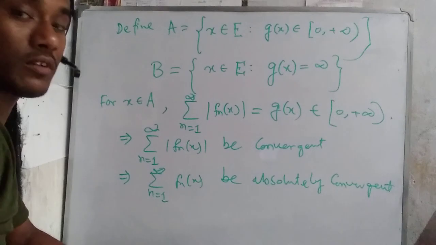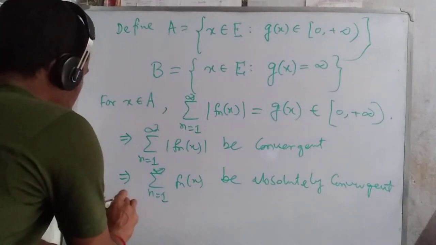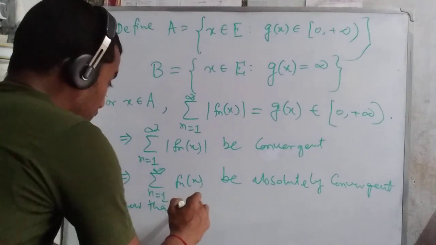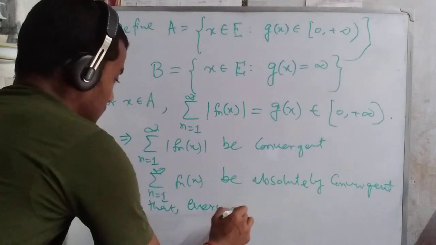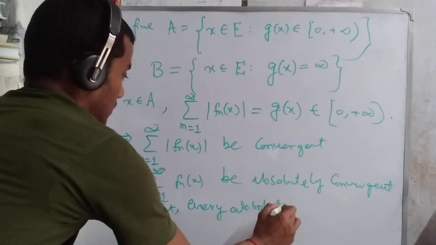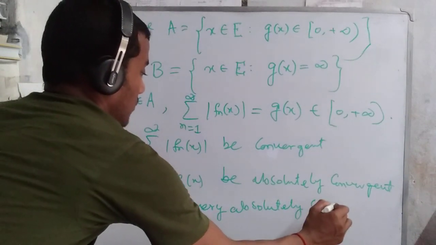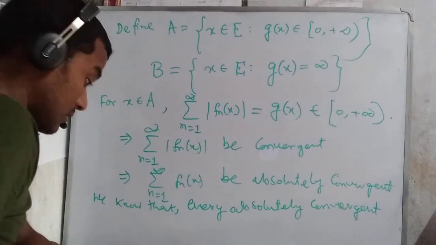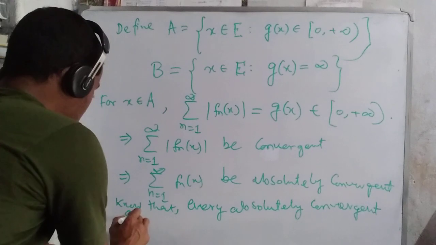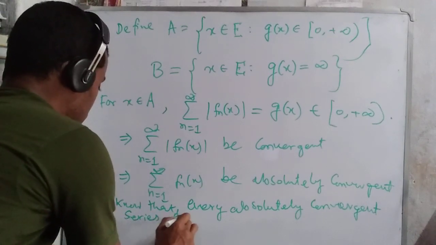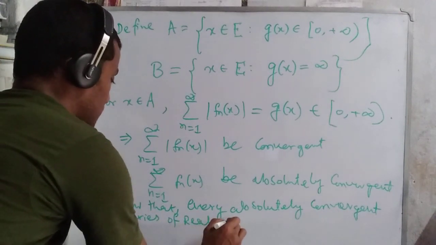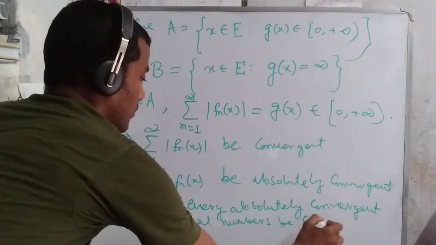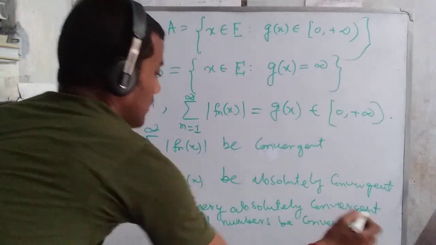Then we talk about that. We know that every absolutely convergent series of real numbers is convergent. Okay. We also discussed in earlier.